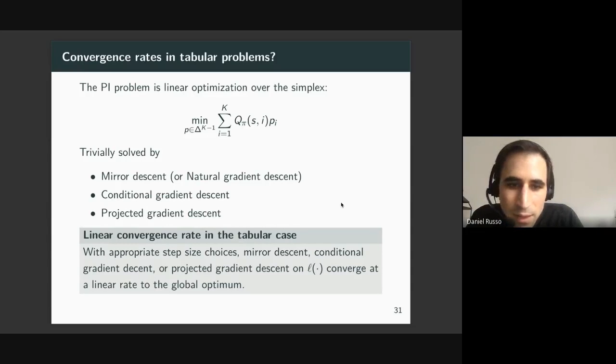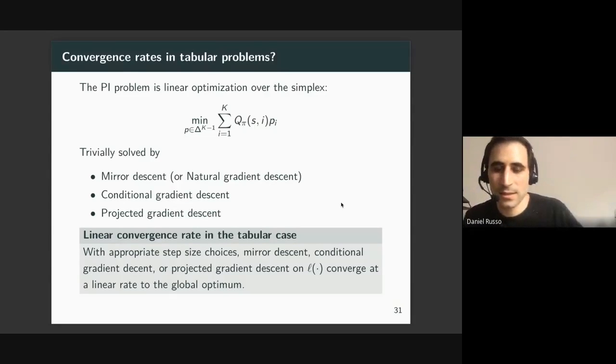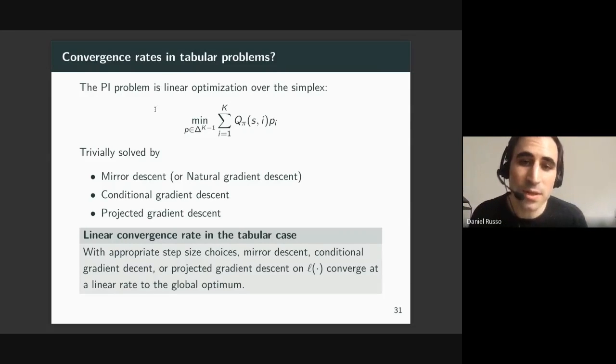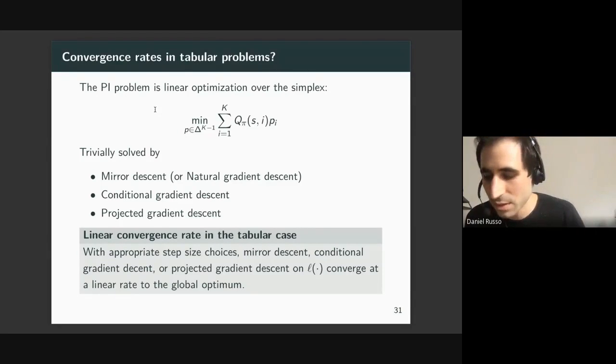The approach we've taken is to reduce studying gradient descent on the many period loss function to studying gradient descent on the one period loss function. And in this case, gradient descent on the one period loss function is sort of trivial. You're just picking the right corner of the simplex and moving there.